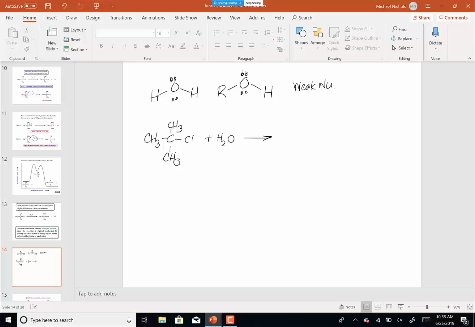They can't do SN2. They can only react with a carbocation. So what's the first step in this mechanism? Break the carbon-chlorine bond.